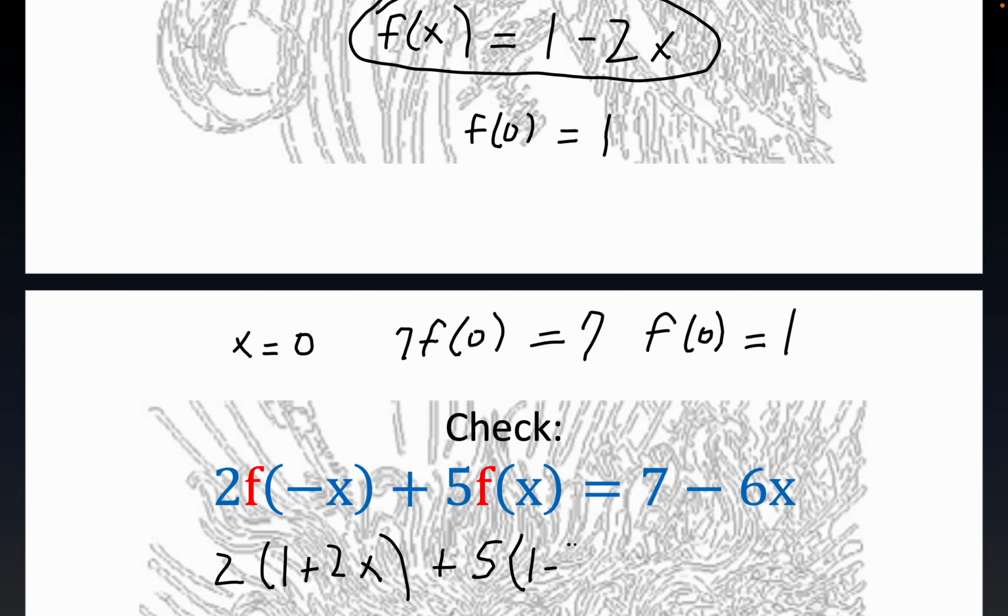And you'll note when you do the work here, when you expand out the left-hand side, you get, what is this, 2 plus 5 is 7. So you do get 7. Now, just to show the work here, we have 7 plus 4x minus 10x, right?